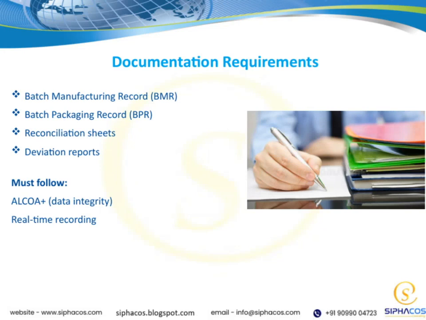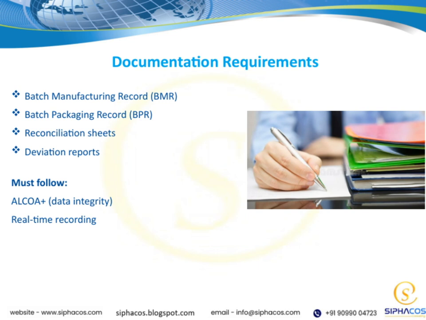Now let's take a look at the key documentation requirements we need to keep in mind. First, we have the Batch Manufacturing Record, or BMR. This document captures all the critical manufacturing steps and ensures everything is properly recorded. Then, there's the Batch Packaging Record, or BPR, which details the packaging process, ensuring traceability and compliance.